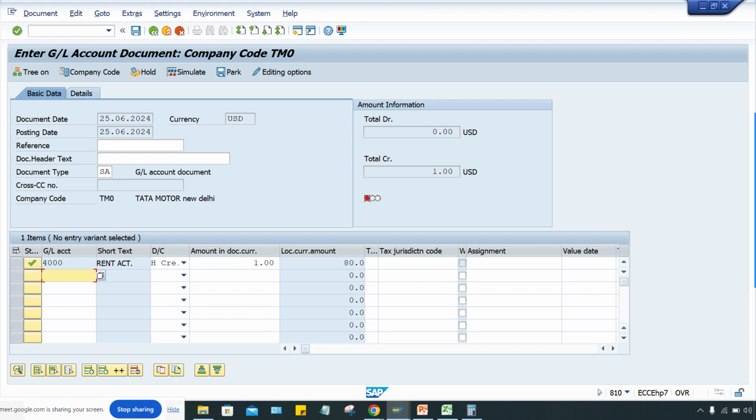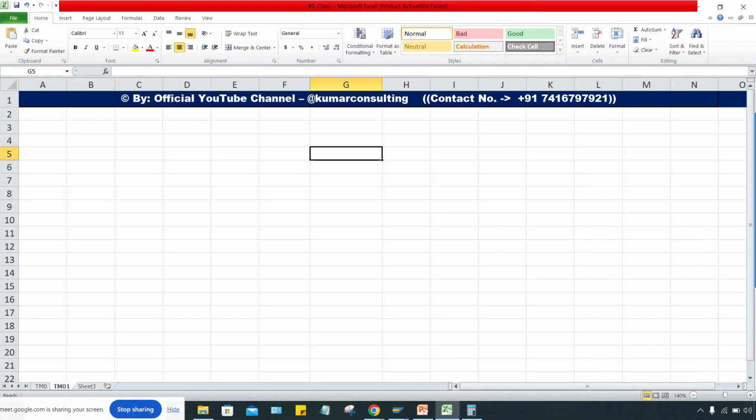Generally, say for example, 1 USD equals 80 INR. This example is of direct quotation.